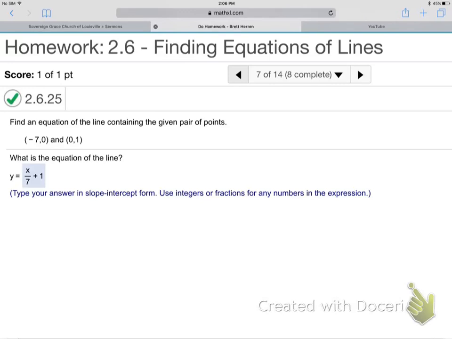I will skip the next one. All right, so number 7. So there we go. I've already got the answer there for you, so you can check it. So give that a try. They're giving you those 2 points. What's the first thing you got to do?